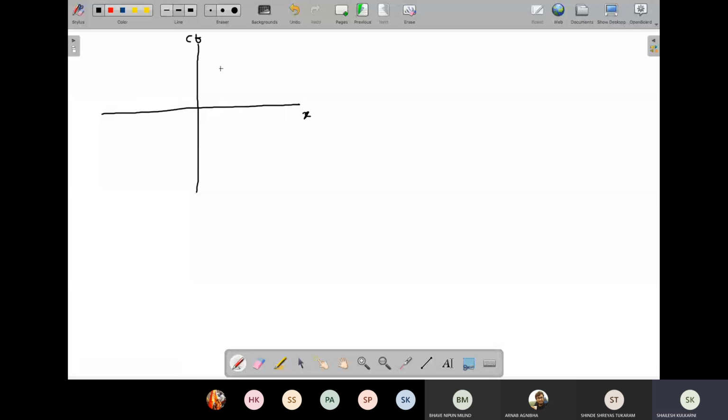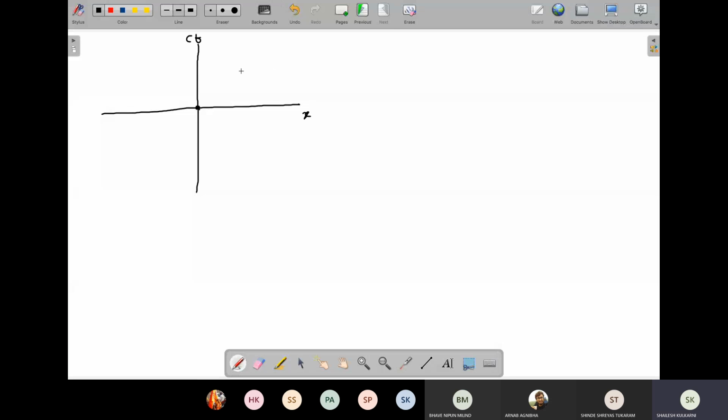Firstly, let us consider two events or series of events which are null separated. So I have an origin here. Let us consider another event which is null separated from this. Where will it happen? It will happen on the line ct equal to x, right? That means c square t square equal to x square.